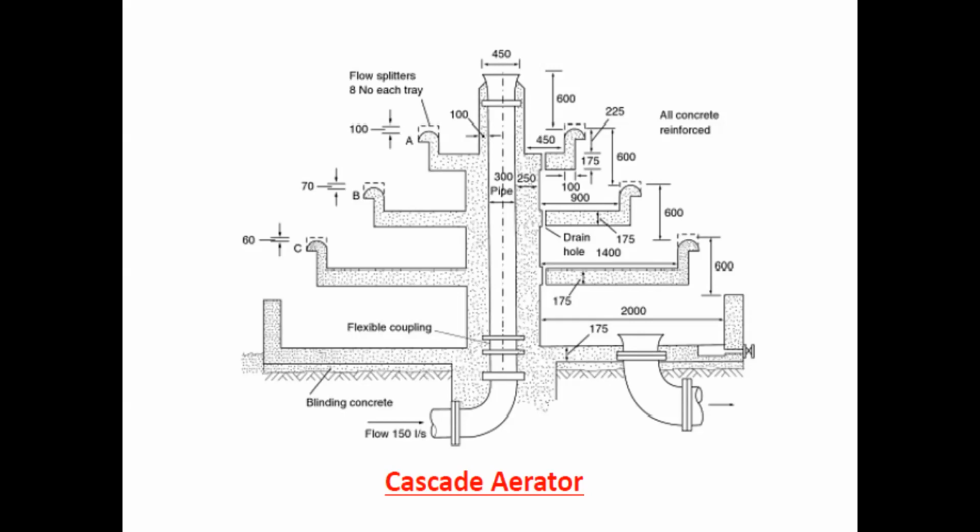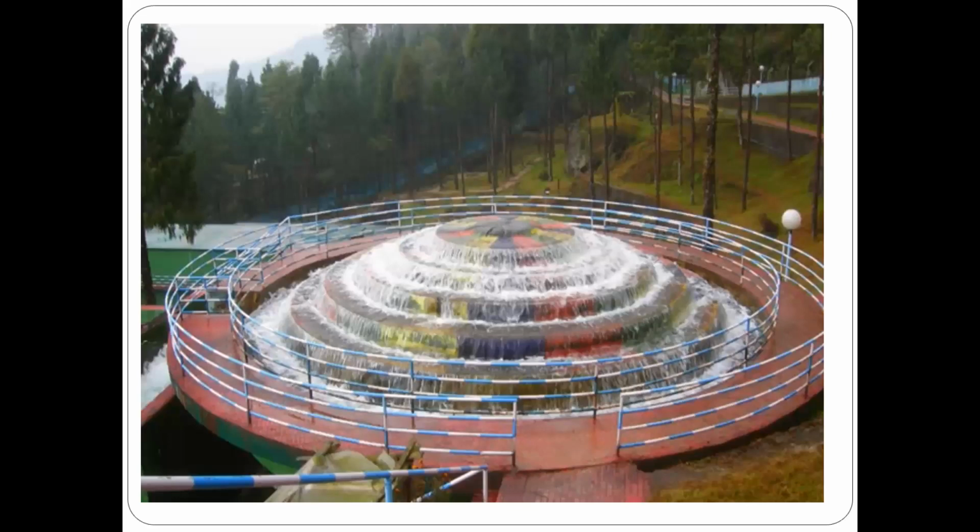First of all, we have to understand what the types are, what the classification of these aeration processes is. Okay, so this is a very nice image of aeration fountain or cascade, circular cascade aeration. I hope you understood.